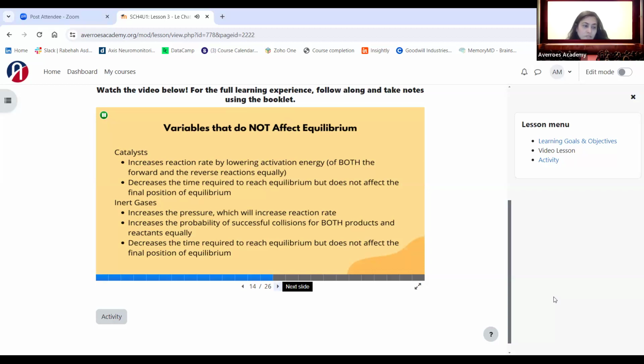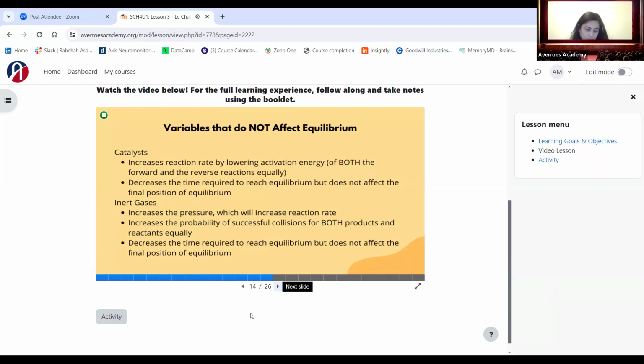And then we also have adding inert gases. So the pressure of the gas system at equilibrium can be changed by adding a gas while keeping the volume constant. But if the gas is inert in the system, for example, if it is a noble gas, like an unreactive gas, or if it cannot react with the entities in the system, the equilibrium position of the system will not change.